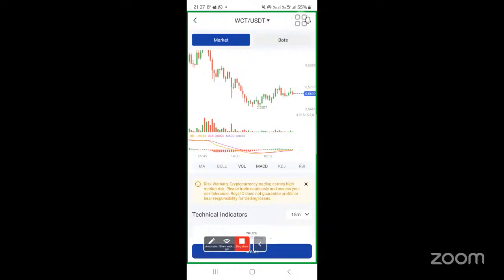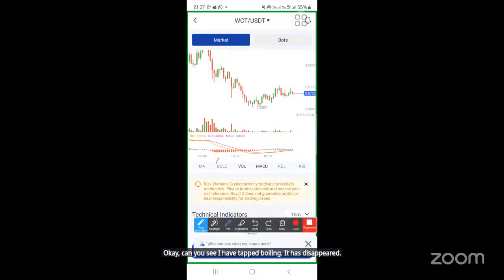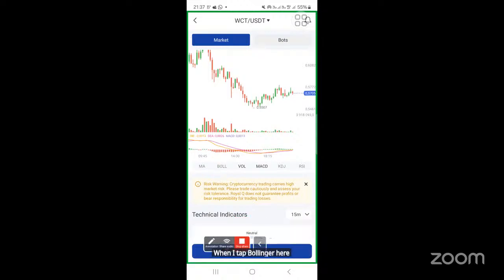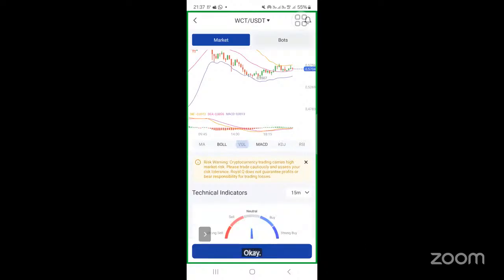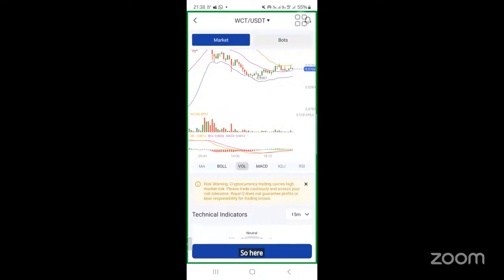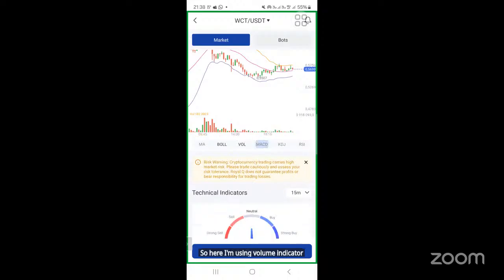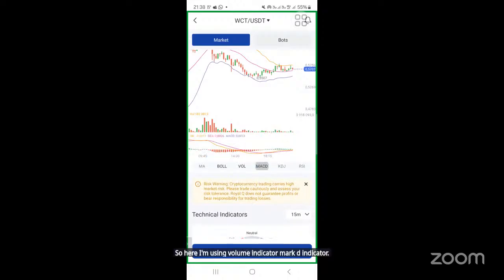Okay, can you see I have tapped Bollinger? It has disappeared. When I tap the Bollinger Bands here, it will come into the screen. When I tap volume, can you see volume is gone? So here I'm using the volume indicator, MACD indicator, and the Bollinger Bands.